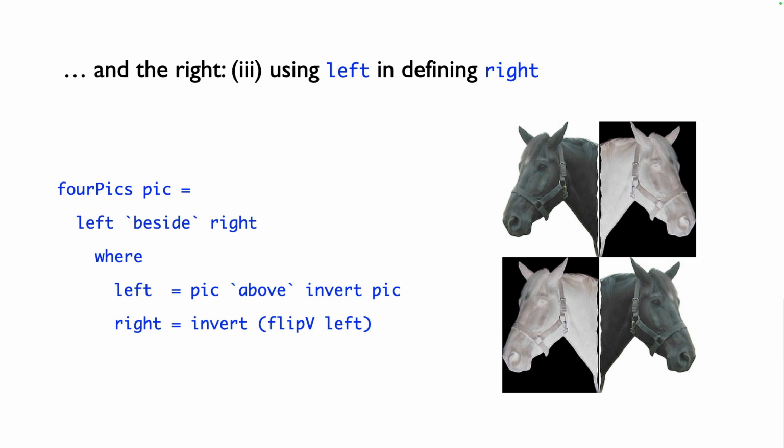It doesn't matter which way we do those two things. They're what's called commutative. So here we've defined the left column, and then we define the right-hand column directly in terms of the left. So we've used one of these local definitions in defining another local definition. So we defined left, and then right is defined using left.